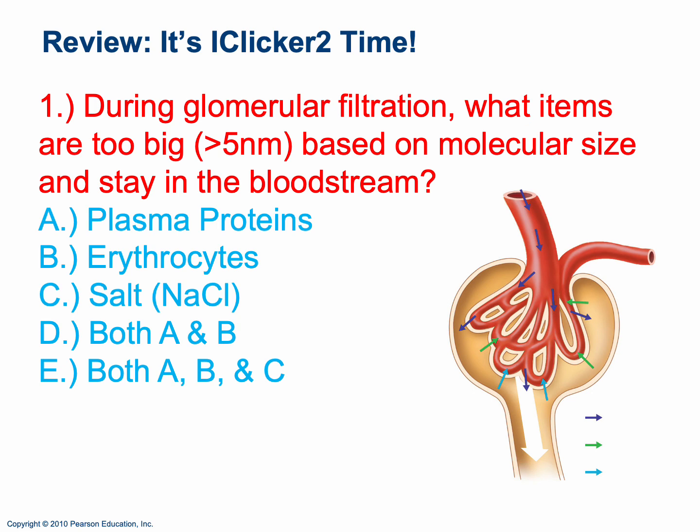So what would be the correct answer here? Okay, and the correct answer here should be choice letter B, both A and B. Plasma proteins and erythrocytes, red blood cells, stay in the bloodstream.